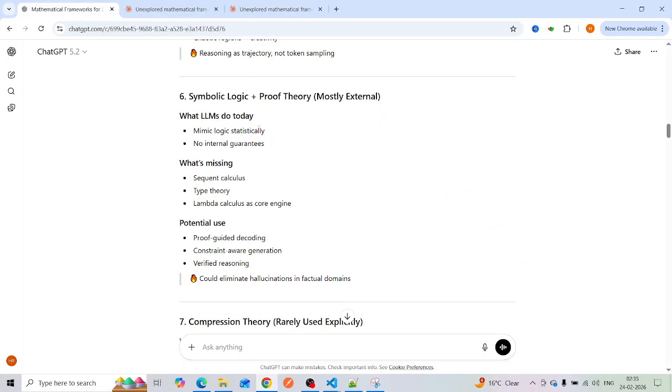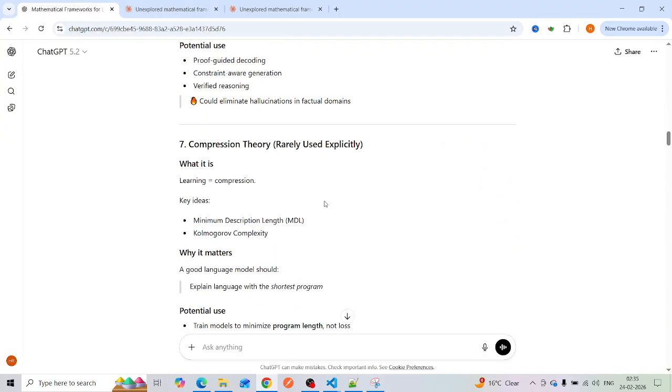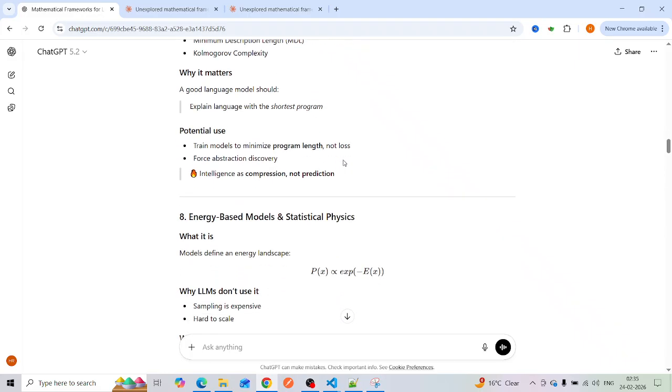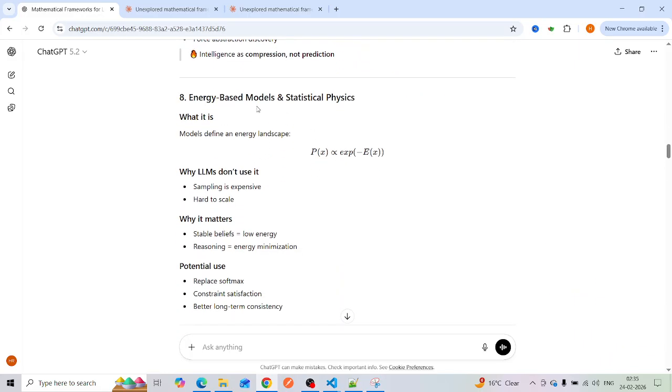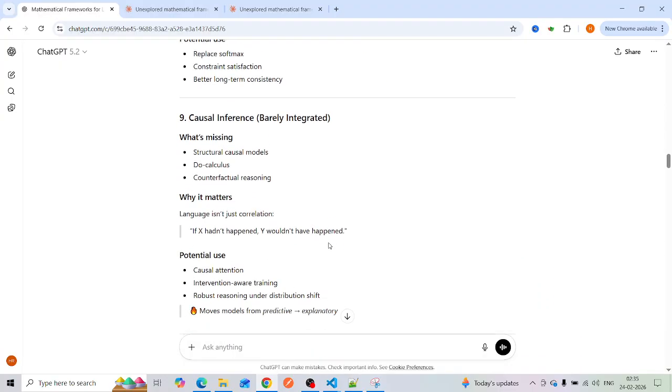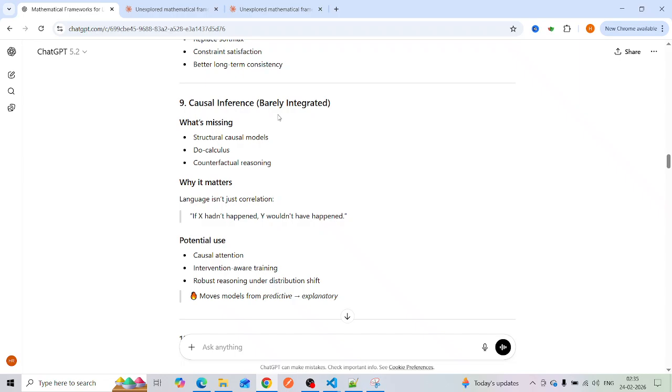And then we have symbolic logic plus proof theory, mostly external. We have compression theory, rarely used explicitly. And we have energy based models and statistical physics. This is what it is giving. We have causal inference, barely integrated.